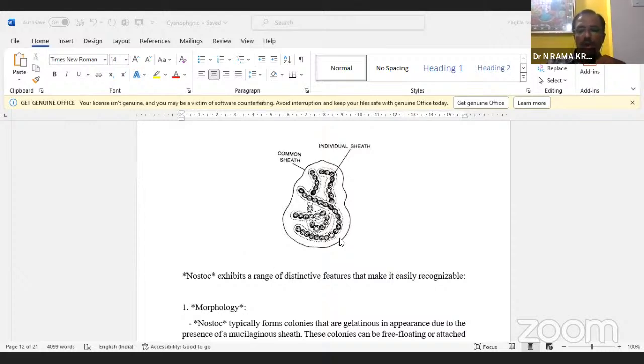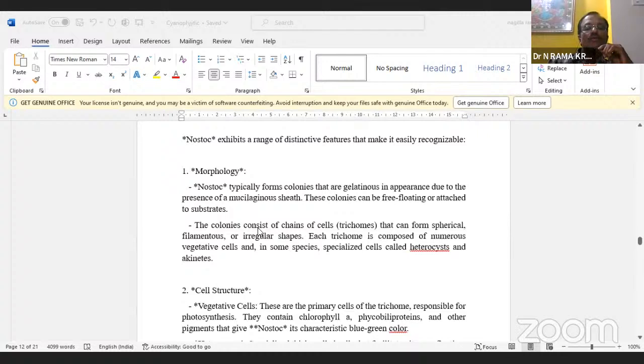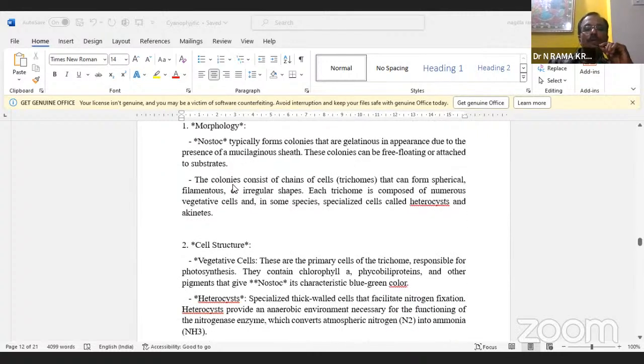This is the hormogonia. This is the vegetative structure of nostoc. Once again, listen here, all of you. Now here I am showing one PDF document on nostoc.